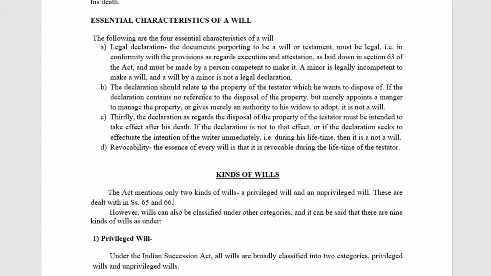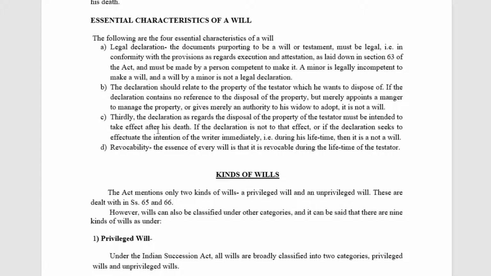And thirdly, it is with regard to the disposal of the property. The disposal of the property of the testator is intended to devolve after the death of the testator. So this aspect we have to see. That means there should be an intention, and there should also be the existence of the property.